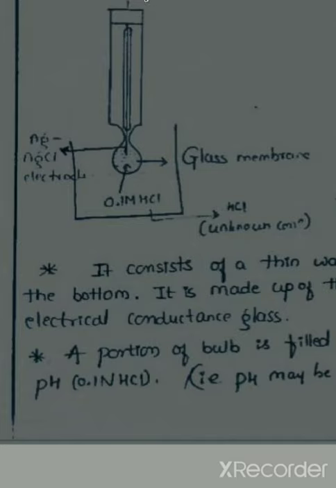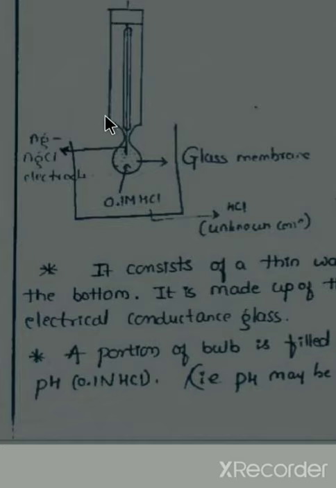So this electrode is nothing but the AgCl electrode, that is, the silver chloride electrode is dipped in the glass electrode, and this part is filled with 0.1 molar HCl. And the whole glass electrode is dipped in the solution of HCl whose concentration is unknown to us. So this is the solution with the unknown concentration. Okay, and this is the glass membrane. So this is a typical glass electrode.